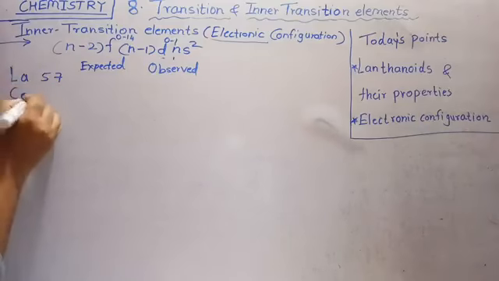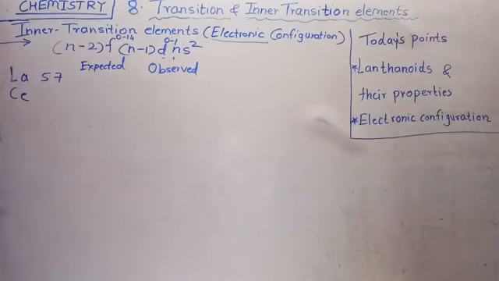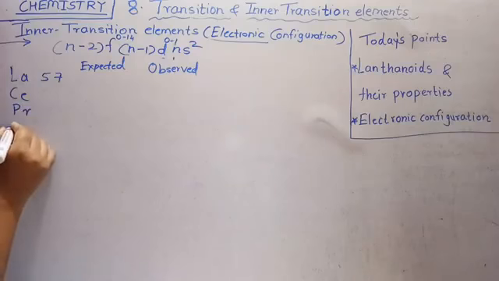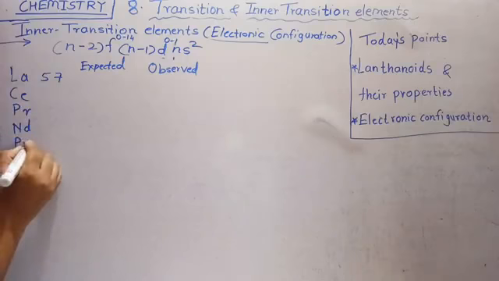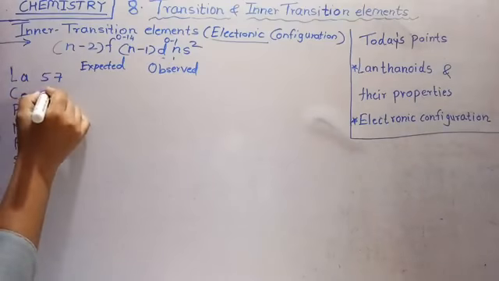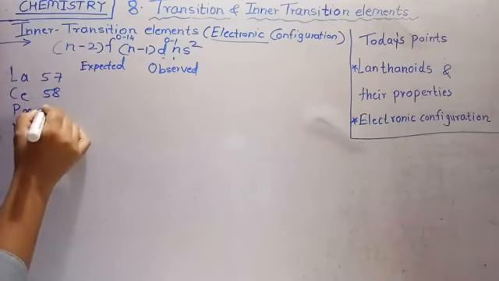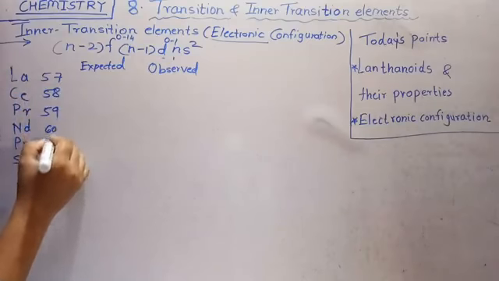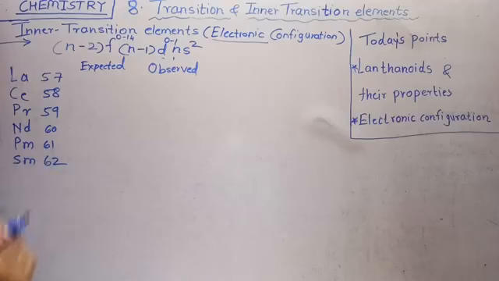After lanthanum there is cerium. Then next is praseodymium. Next is neodymium. Next promethium. Next samarium. Their atomic numbers are 57, 58, 59, 60, 61, 62.